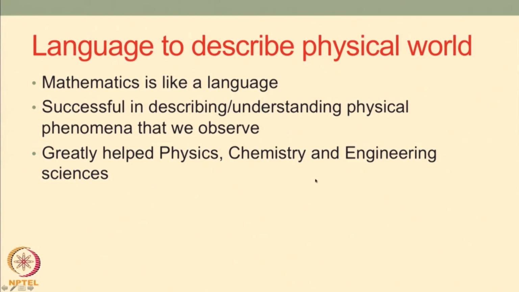Many mathematicians and statisticians contributed immensely to genetics. So it greatly helped physics, chemistry and engineering sciences, which is well known to everybody, but it also helped biology itself. You would know many of the famous people who contributed to genetics are mathematicians, statisticians.